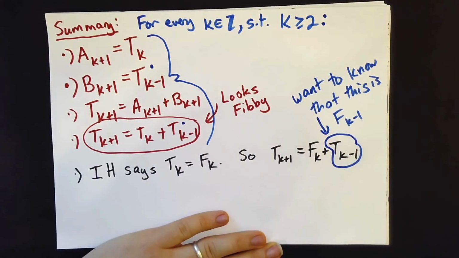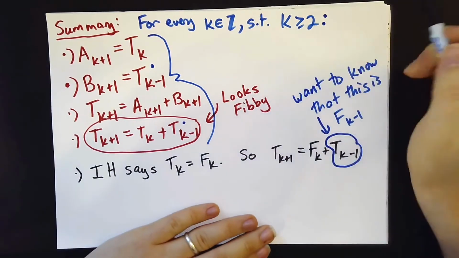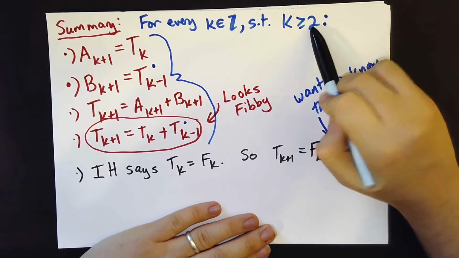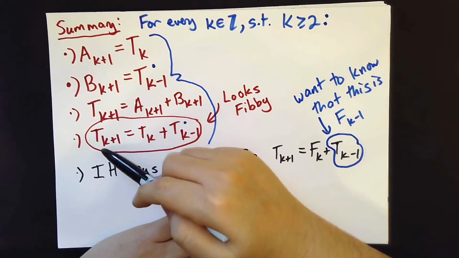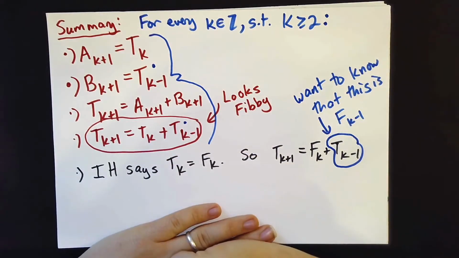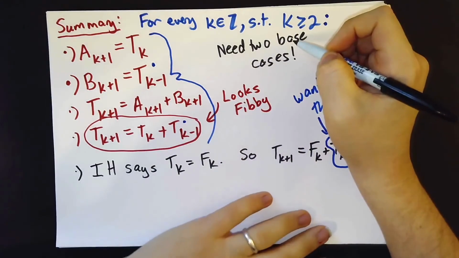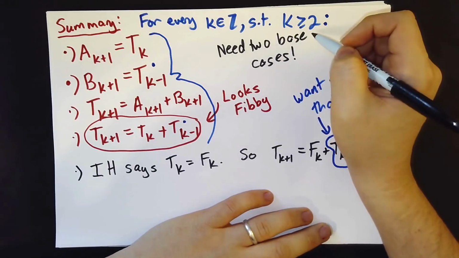But, and here's the one more wrinkle I mentioned, the fact that this only works for k starting at 2 means that I actually don't get to start applying the induction until I'm looking at a k plus 1, which is equal to 3. And what that means is that I'm going to need two base cases. Namely, I'm going to need to handle n equals 1 and n equals 2 as base cases, and then proceed from there.